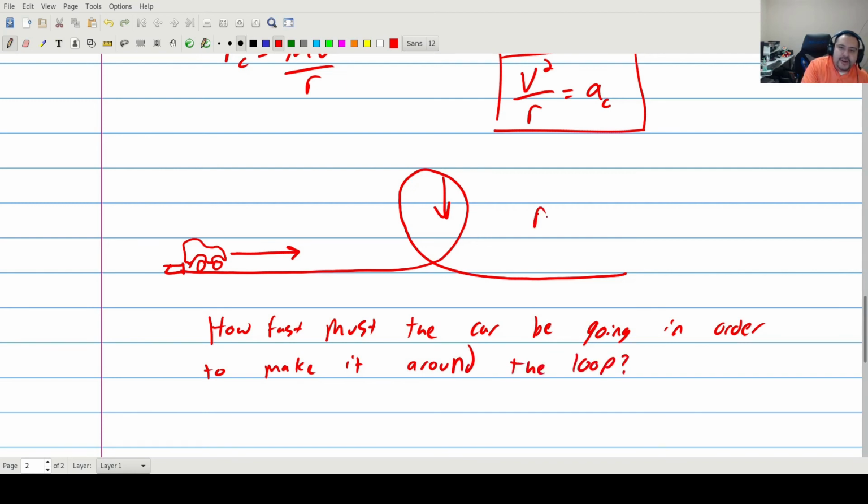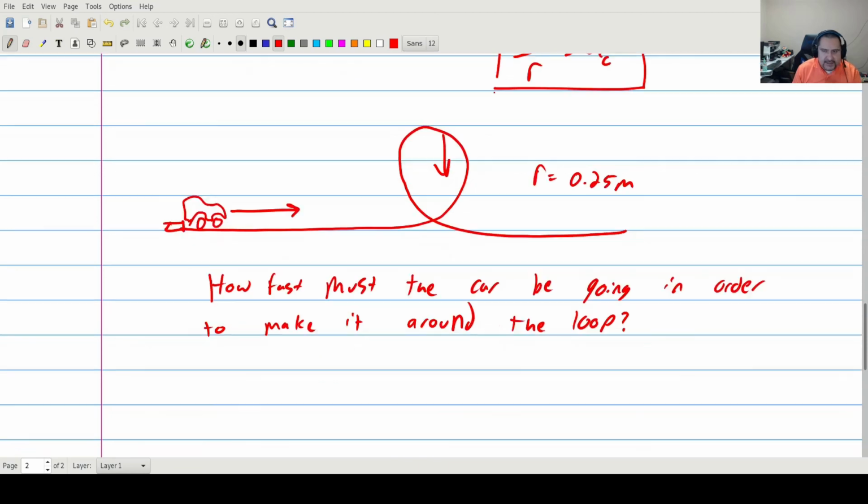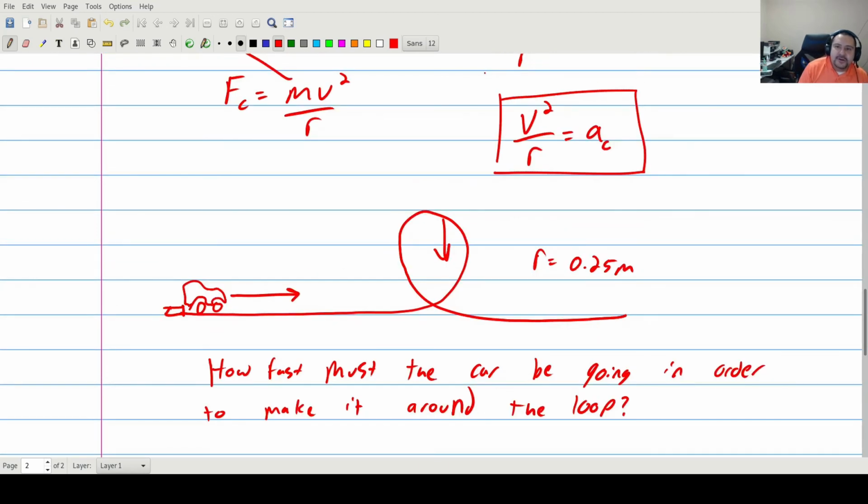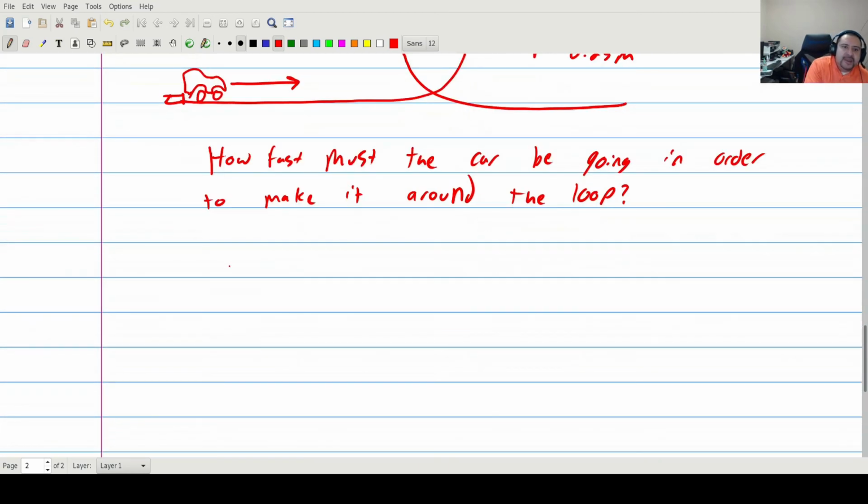And let's make the radius of this thing 0.25 meters. I can solve this for v. V squared over r is equal to a sub c. Centripetal acceleration is equal to v squared over r. I'm going to solve this for v. So I multiply by r, so it's a c times r. I take the square root, and that is equal to v.